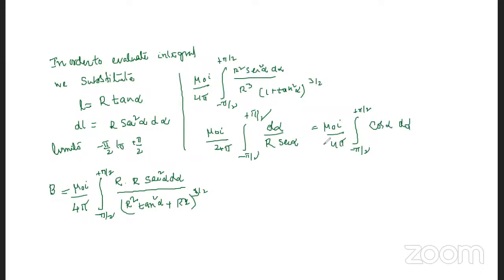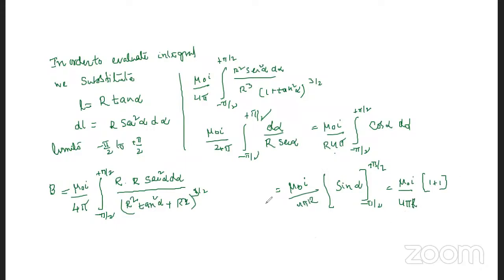Taking R outside, it becomes mu naught I by 4 pi R. The integration of cos alpha is sin alpha, with limits from minus pi by 2 to plus pi by 2. If you substitute the limits, sin 90 minus sin of minus 90, it becomes 1 plus 1.